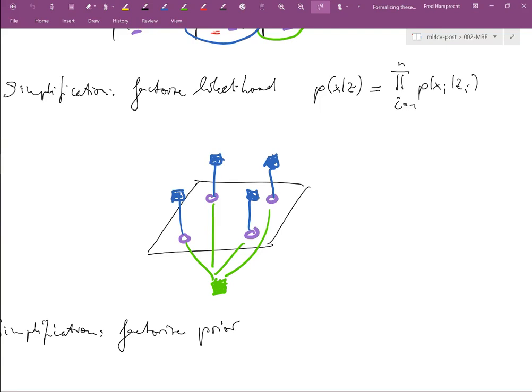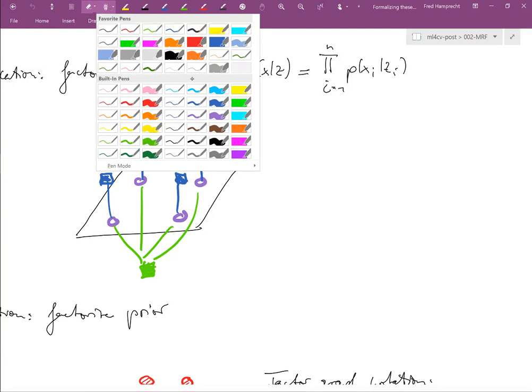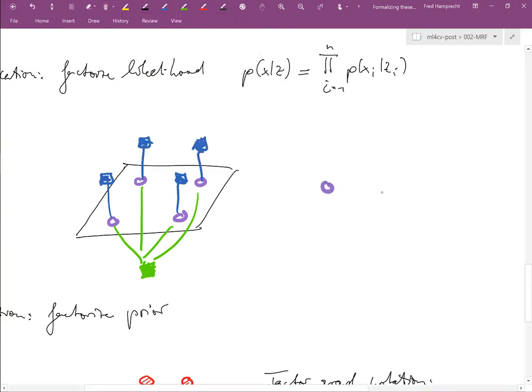So an equivalent graph would be this one. Whatever, the layout here is artistic freedom. With only 4 pixels, I can make a picture like this, and with 1 million pixels, well, I never draw them, but it's more convenient to think about it in terms of what I showed on the left-hand side.